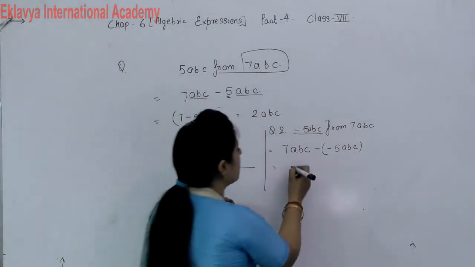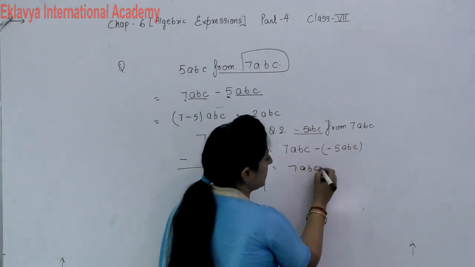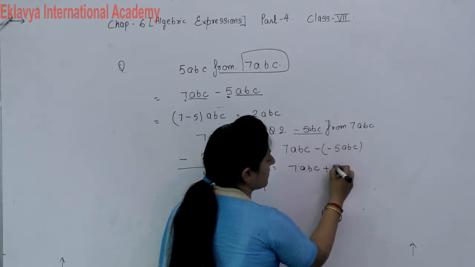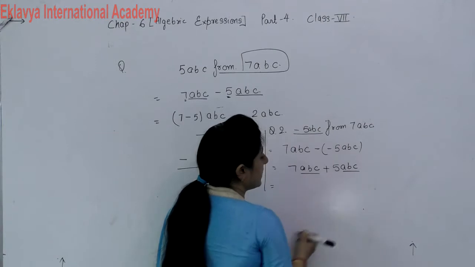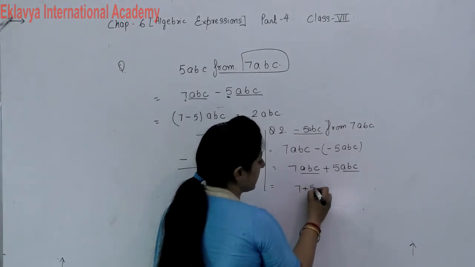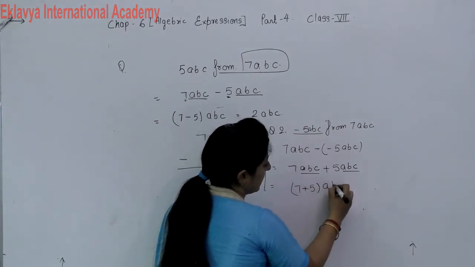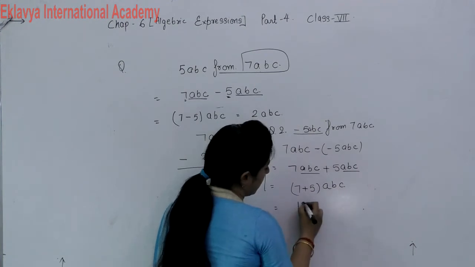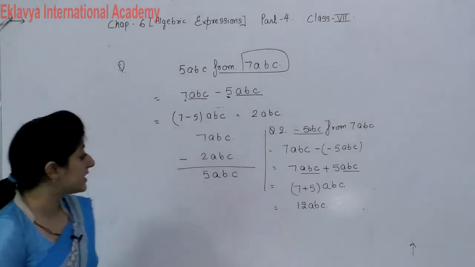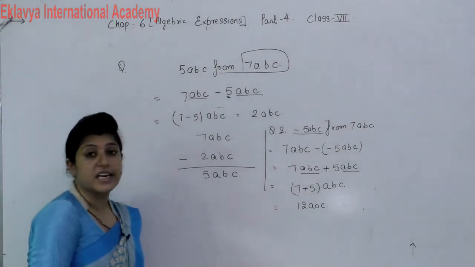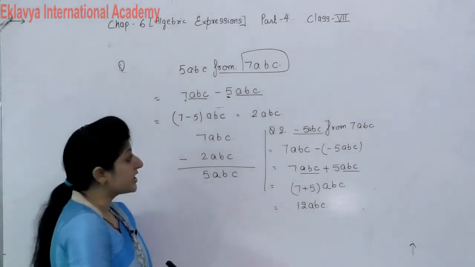Now see, 7abc minus minus becomes plus 5abc. Now both literal parts are the same, so it becomes 7 plus 5, then abc, and our answer is 12abc. You can see easily that if you change the sign, the result also changes.